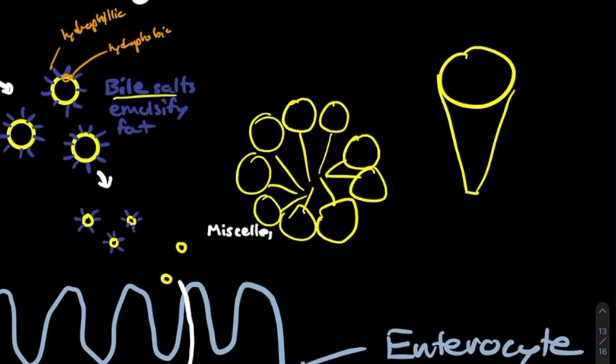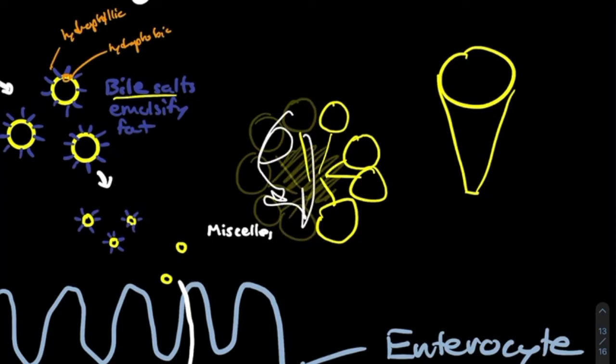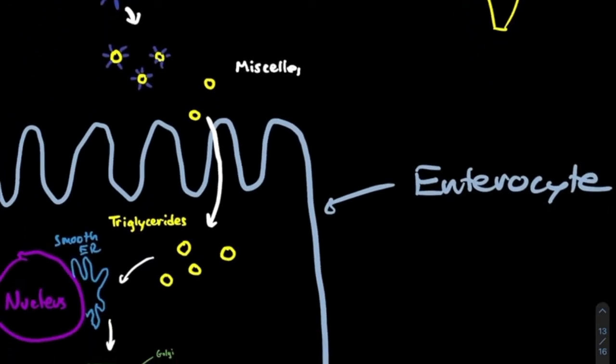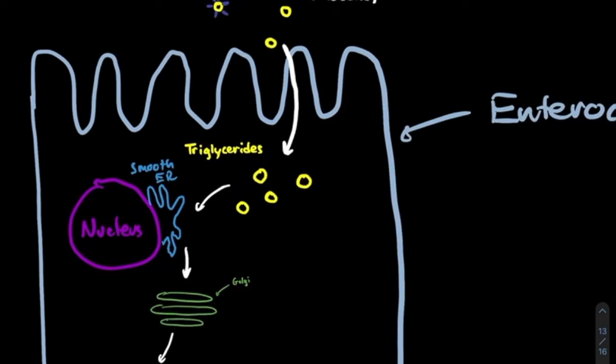But this circular shape in the middle is a super hydrophobic region. And because it's a hydrophobic region, we can actually emulsify fats, and we can actually hold on to fats in the middle.